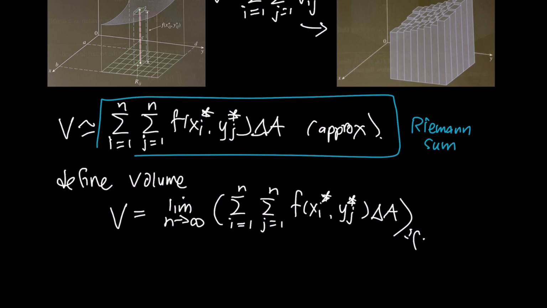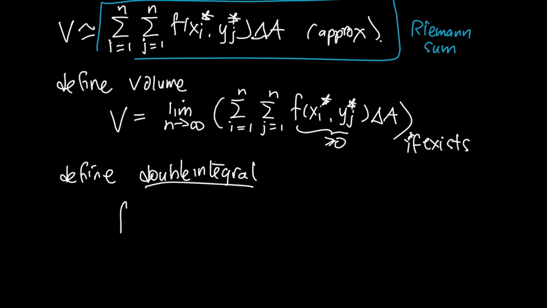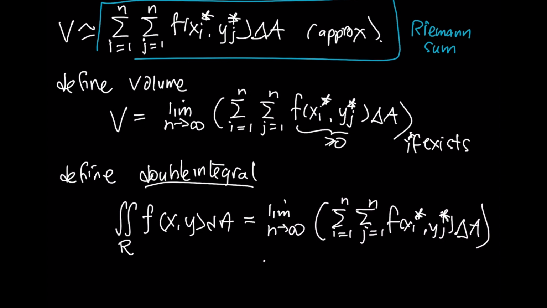If this limit exists, then the volume will exist. Now, we'll also need the function to be positive in general, and what we then do is also define something called a double integral. It's going to be an integral over this rectangle R, f of x and y dA, and it will be the limit of this double Riemann sum, if this limit exists.